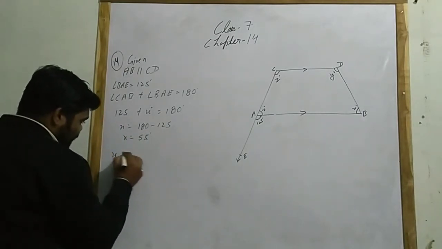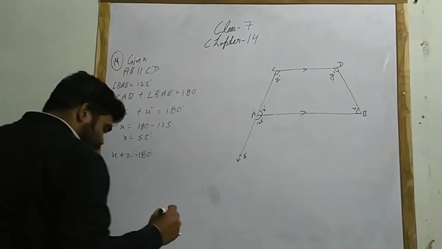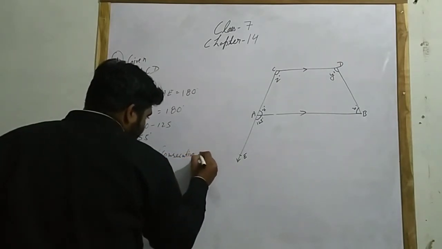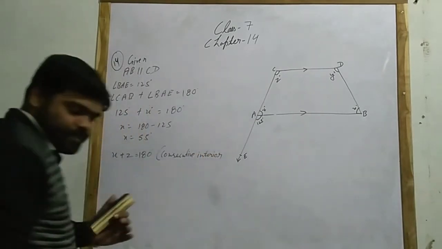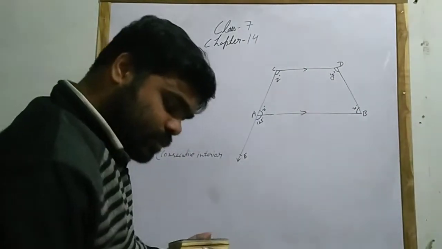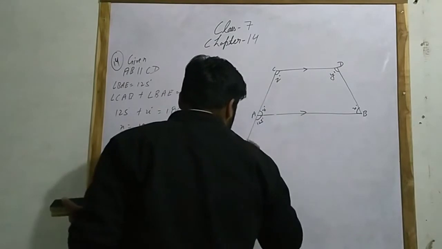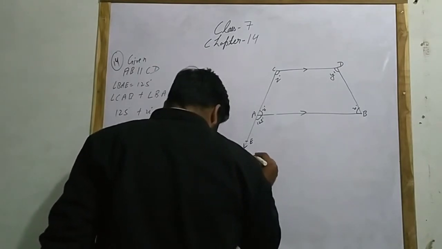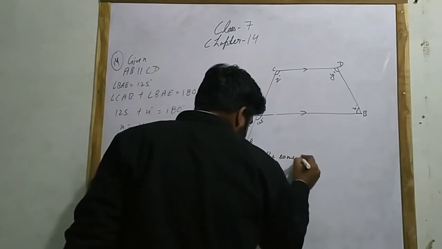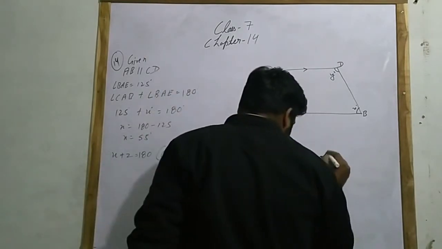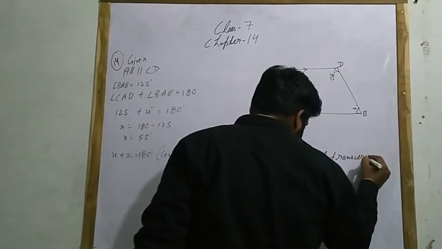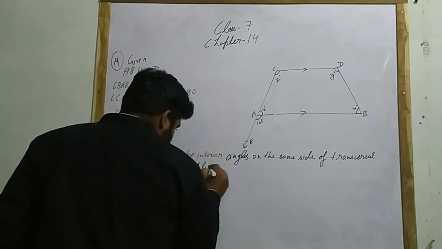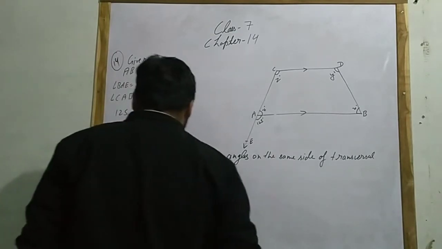Now x plus z equals 180 degrees. Why? Because consecutive interior angles on the same side of the transversal are supplementary.